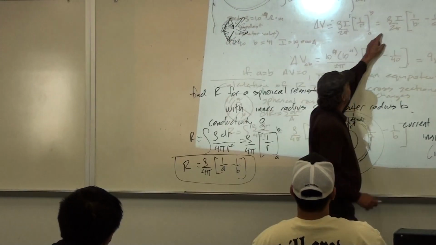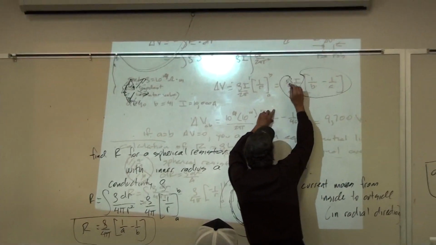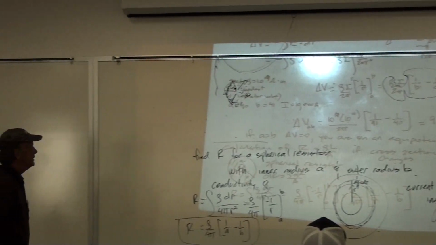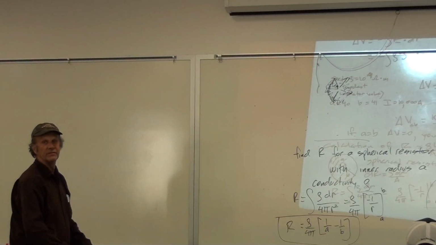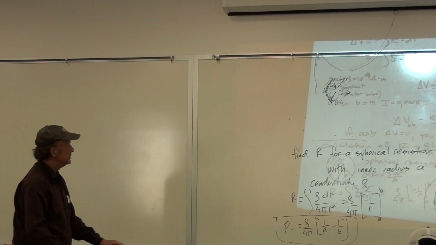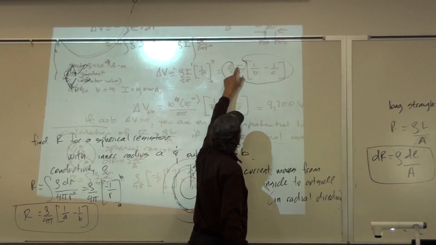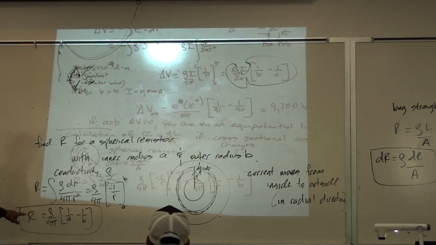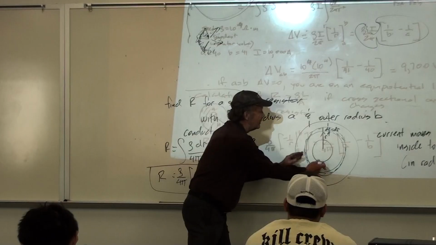So from that we can see that this is the resistance of the hemisphere. And it's twice as big because all the current had to go out through the bottom half. Okay, but it's the same as this. If we just look at this, this is V equals IR. And so that's exactly what we have here, except here we let the current go through the upper half as well as the lower half.